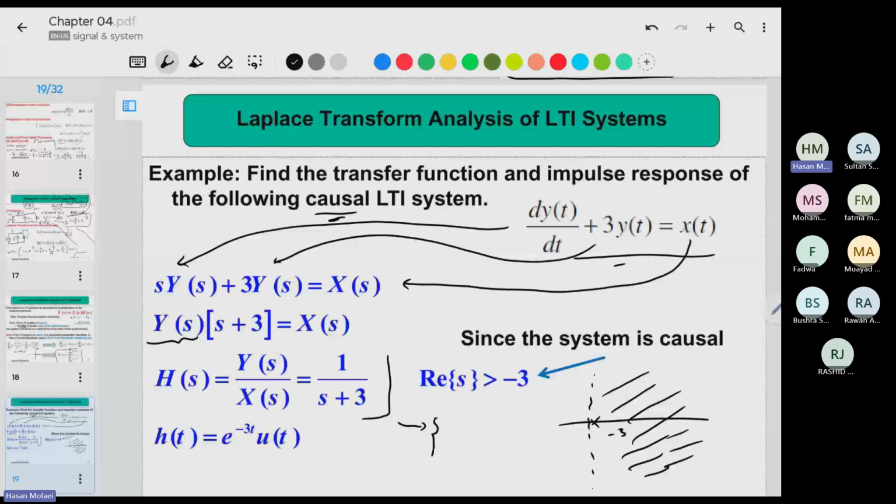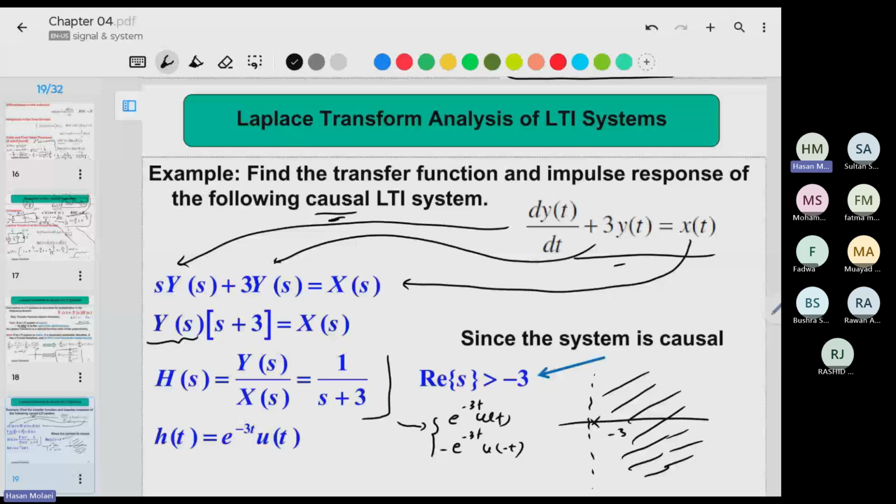Because for this one I can write the answer e to power of -3t u(t) or minus e to power of -3t u(-t). Okay. This Laplace transform has two inverses. Which one should I choose? Based on ROC.